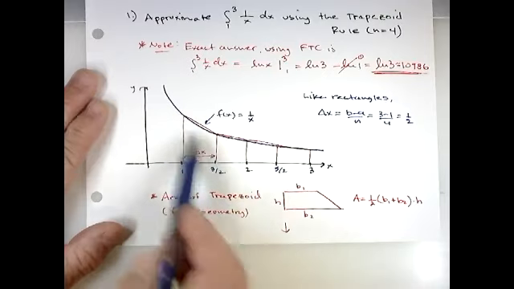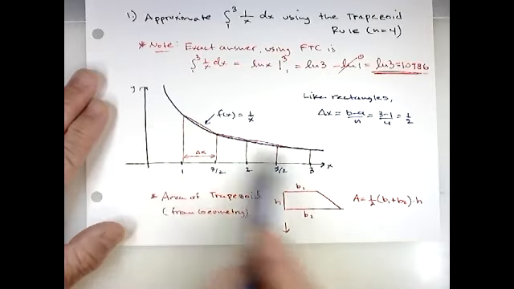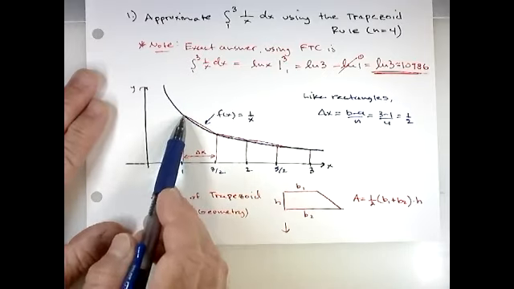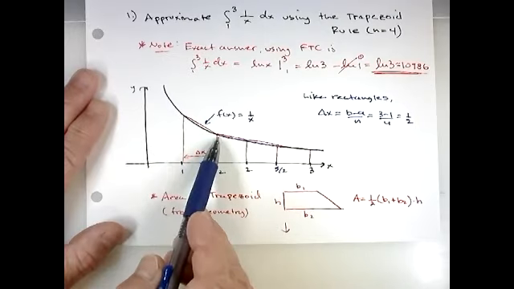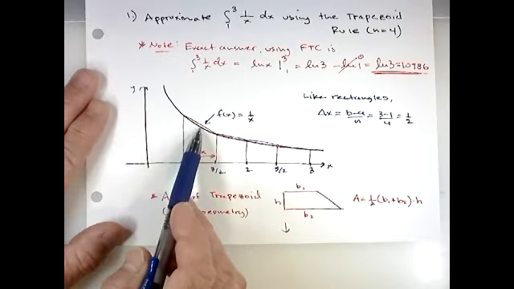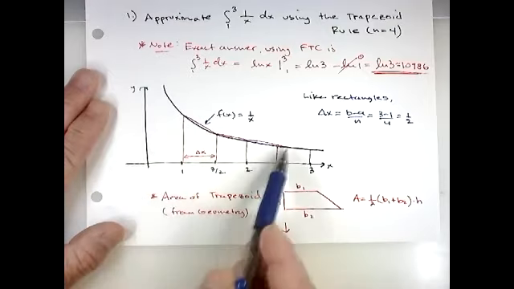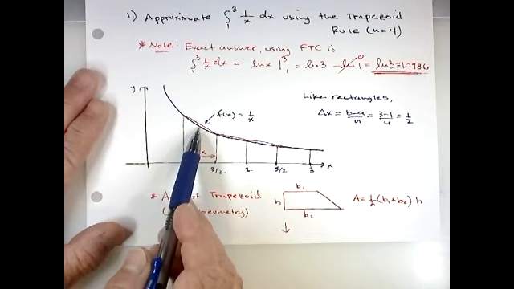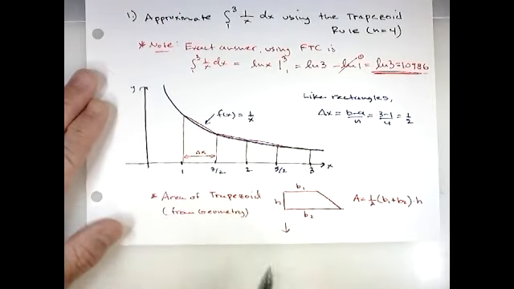So the trapezoid rule makes a lot of sense if you have a curved graph because you just connect this point and this point with a straight line. You can see there's very little error between the curve and the trapezoid. Of course, I haven't drawn this to scale, but the error is much smaller than if you used rectangles.